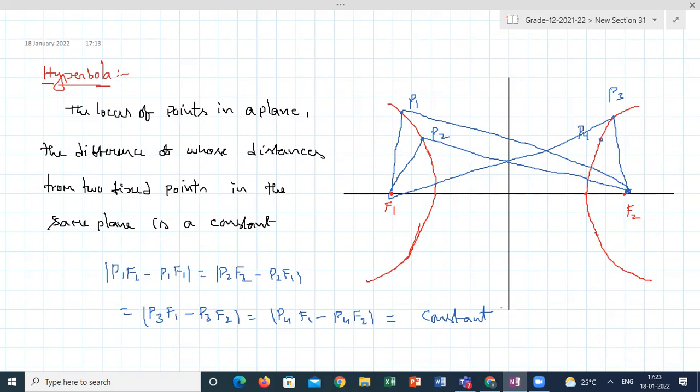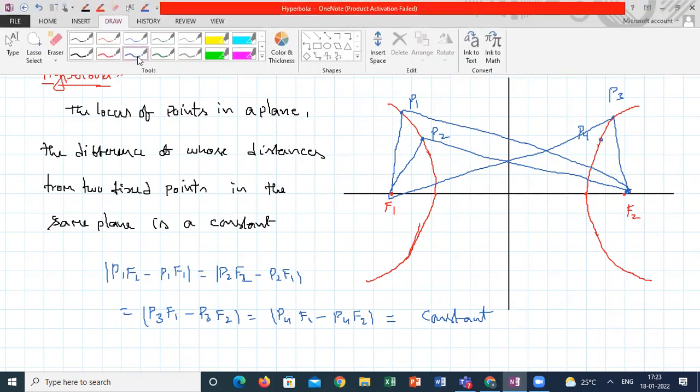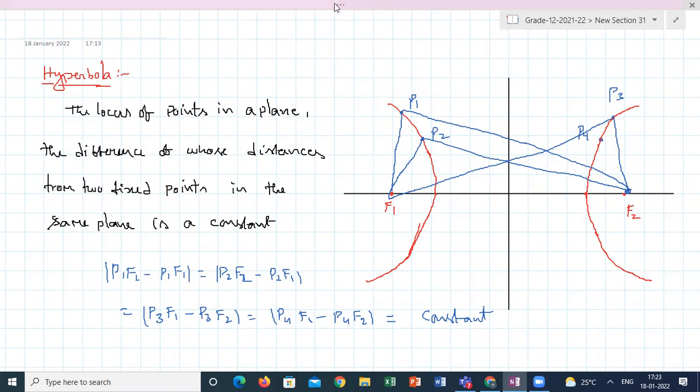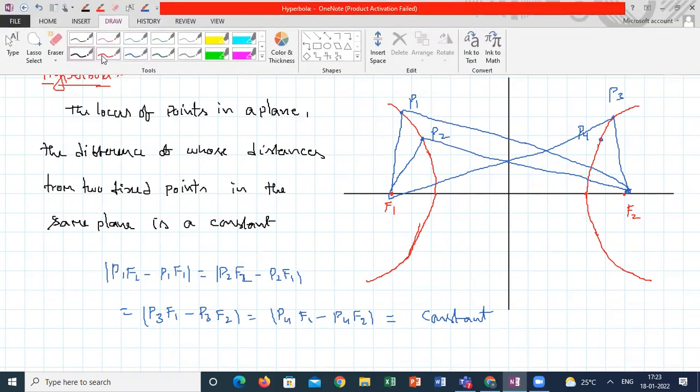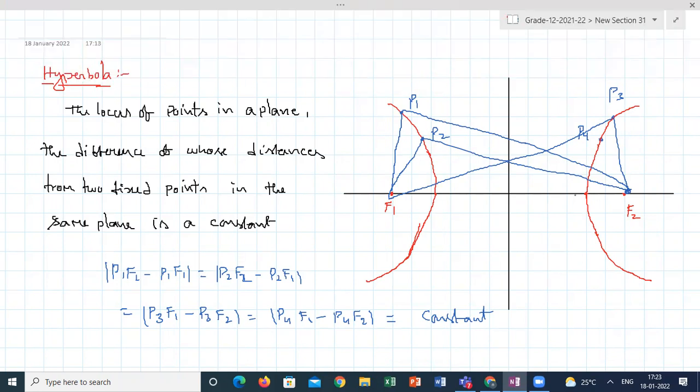So the curve traced by this is known as a hyperbola. It's two different curves, symmetric about one particular line based on the type of hyperbola. These are the two fixed points, known as foci, and the line passing through the foci, meeting the curve, is called the major axis.